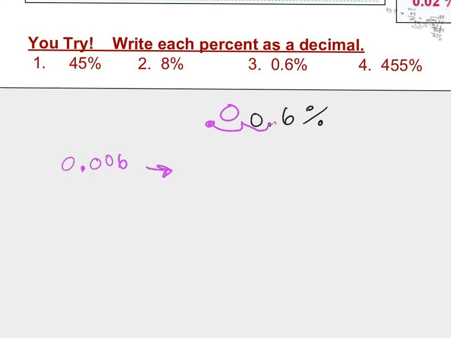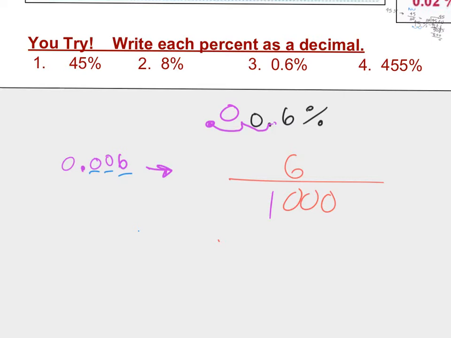When you look here at that 0.006, how many places are to the right of the decimal? 3. 1, 2, 3. So that means that the 6 is going to have 3 zeros, and obviously it's 1,000. So the place value that it's in tells you the denominator that it is as a fraction.